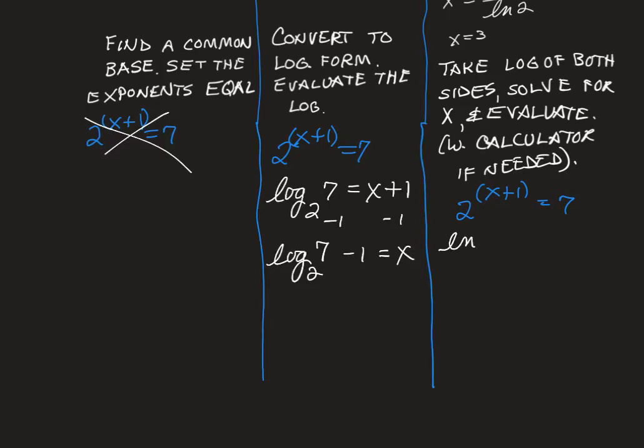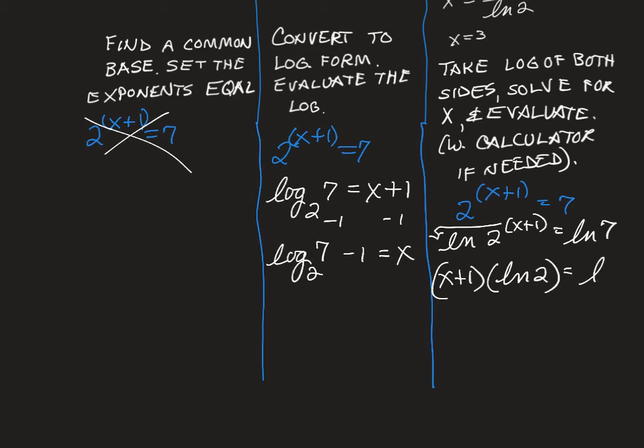All right, what if we take the natural log of both sides? So I take the natural log of 2 to the x plus 1, and that should be equal to the natural log of 7. I again have a power that I can bring out front, so I have x plus 1 times the natural log of 2 equals the natural log of 7. I am solving for the x. The x is still within the parentheses, but at least I can get rid of my natural log of 2.